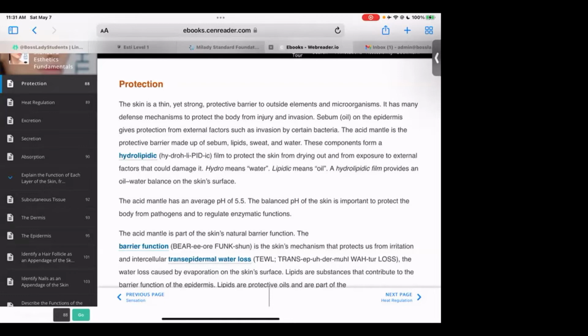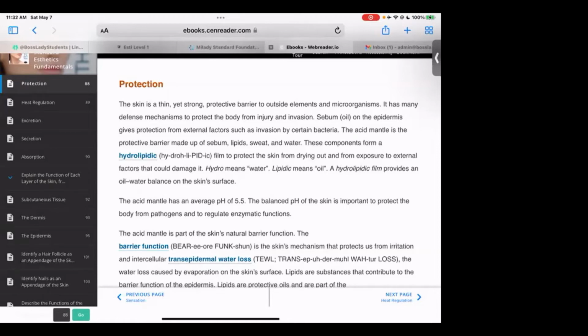The oilier the skin, the harder it is for them to be negatively impacted by outside influences. But you have to maintain that natural balance so that it does not create things like excess acne by the oil sitting and the bacteria collecting on the skin.